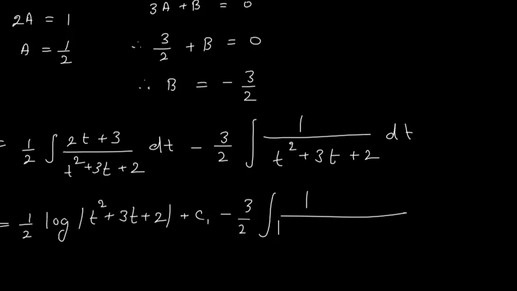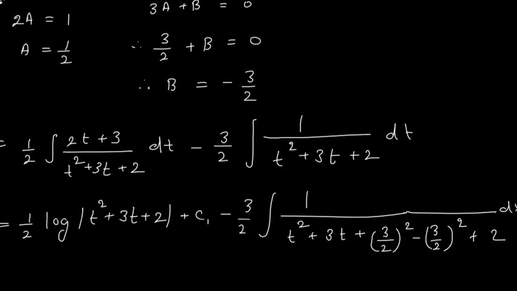So I will write this as t square plus 3t, then I have to take the half of that 3, which is 3 divided by 2 the whole square, add and subtract, so minus 3 divided by 2 the whole square plus 2, this is the denominator part, dt, this is dt, not dx.